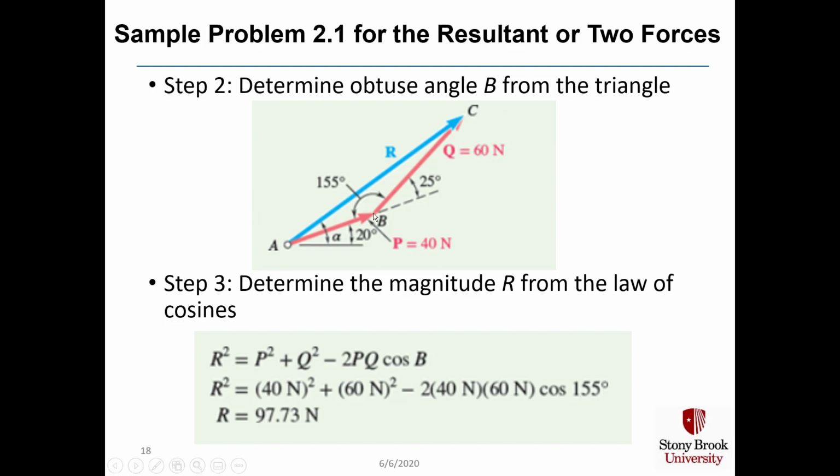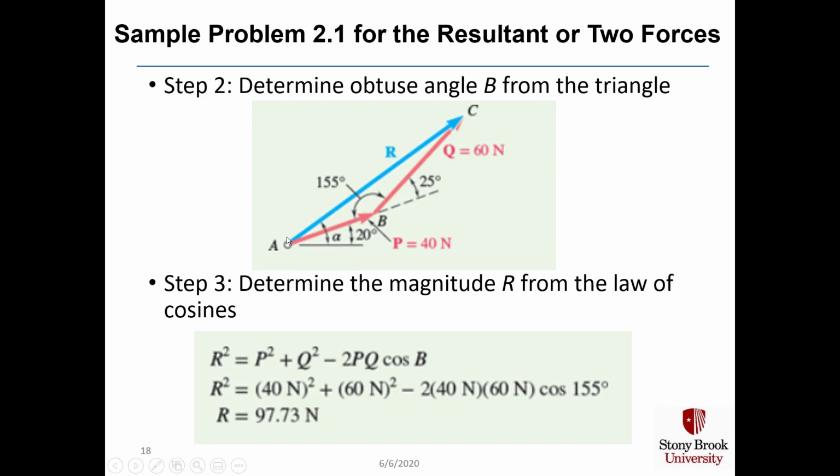In step 2, we determine obtuse angle beta from this triangle. Now we know that P made a 20-degree angle with the horizontal, so there's our 20-degree angle. And we know that P and Q made a 25-degree angle with each other, so if we show this extended dotted line of P, there's our 25-degree angle.